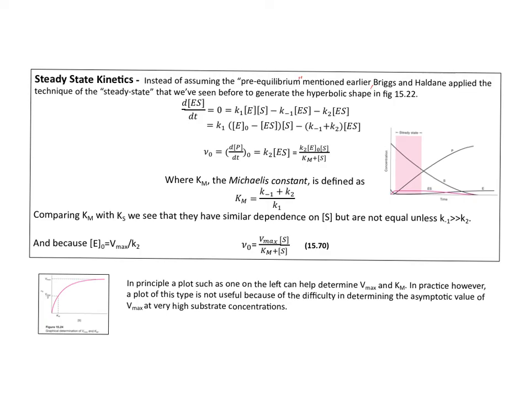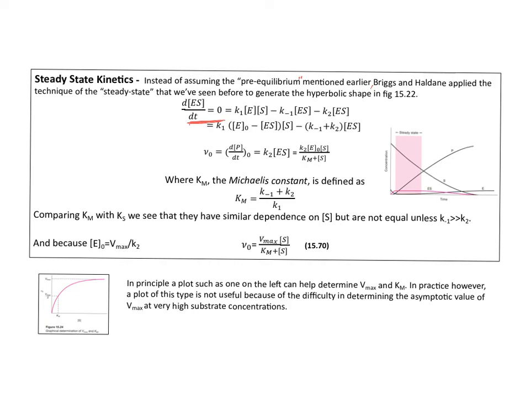I also told you, and we used the example of the chain reaction, that an alternative approach is to use the steady state approximation. That's when you take something like an intermediate, set its change with respect to time equal to 0, and then you add and subtract all the components that use that intermediate, whether you're creating the intermediate or losing the intermediate.